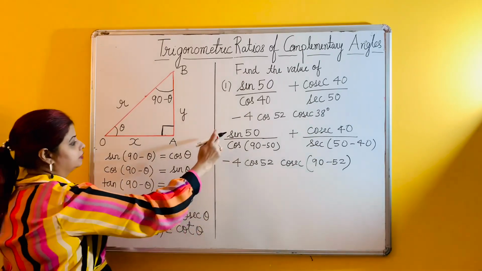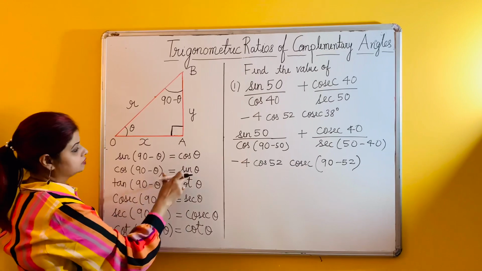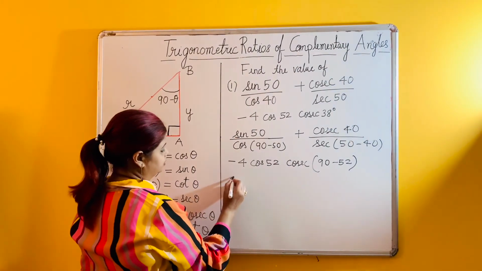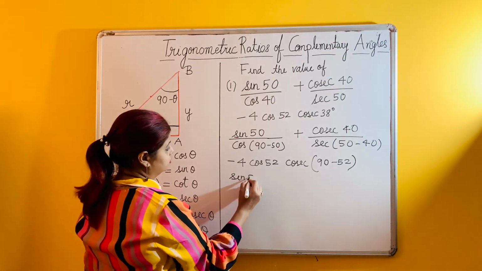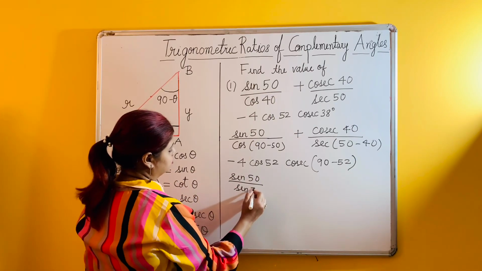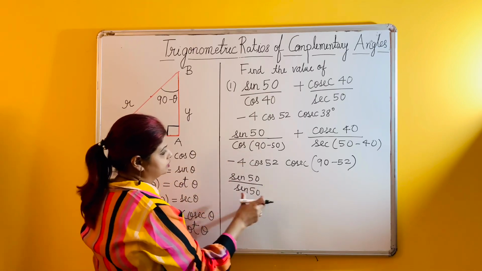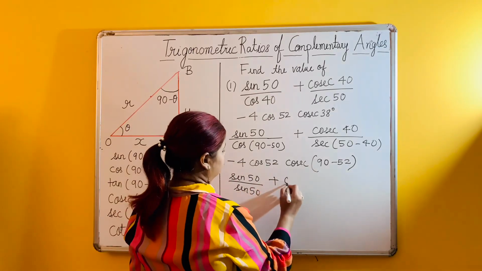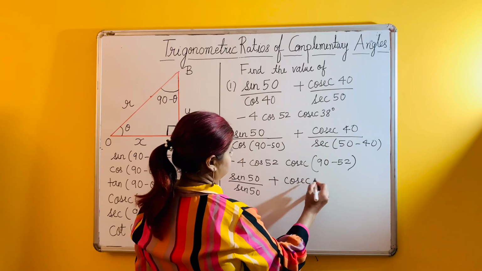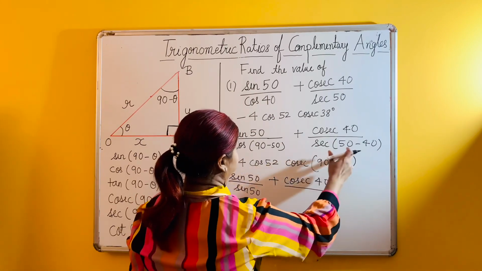Now here what is cos 90 minus theta? So it is sin theta. So same thing we are using here, sin 50. So this becomes sin 50. Why? Because cos 90 minus theta is nothing but sin theta. Now same thing here, sec 90 minus theta.